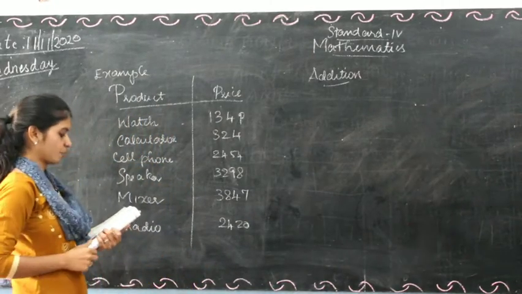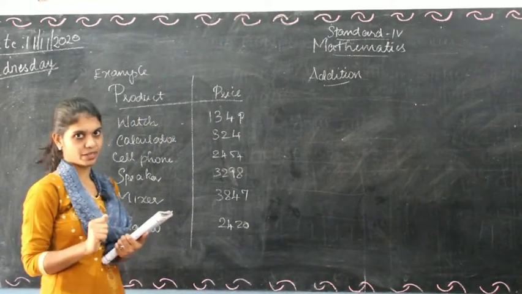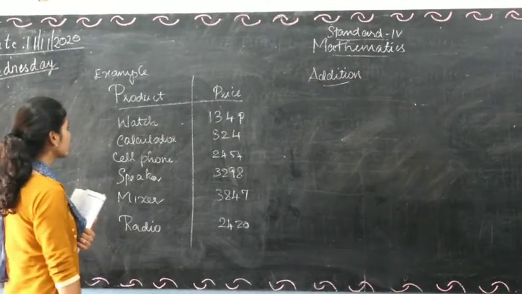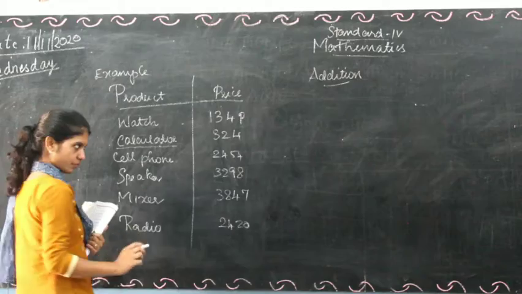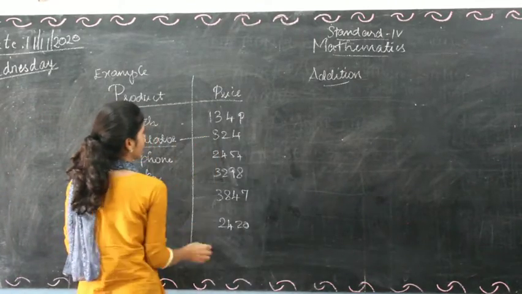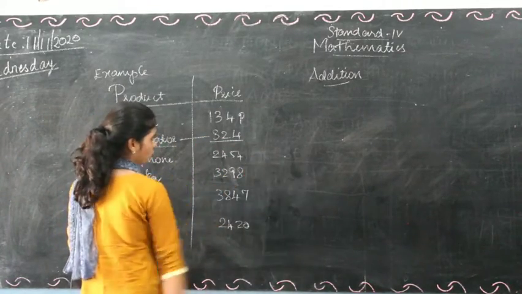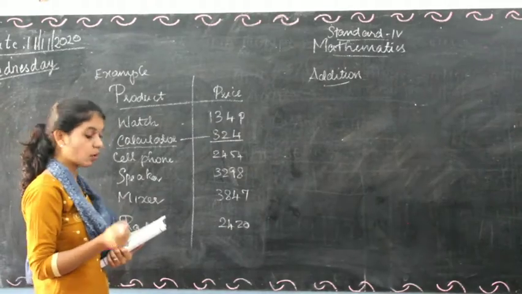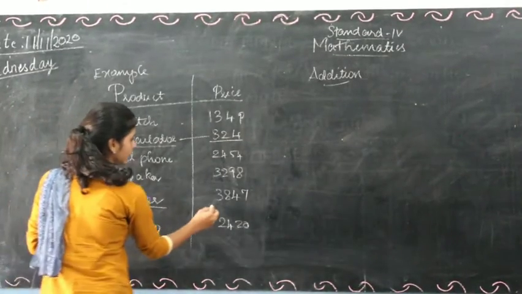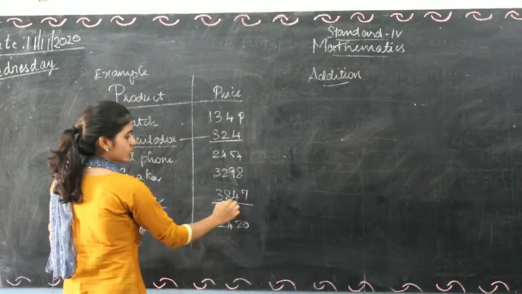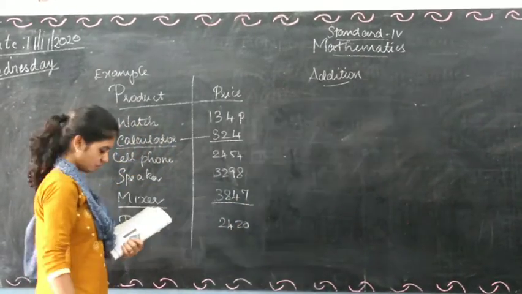Let's answer them. What is the cost of a calculator? So first we'll see where is the calculator. Here. Then what is the price of the calculator? Here. 324 rupees. Then what is the cost of the mixer? Here it is. So its price is 3847 rupees.